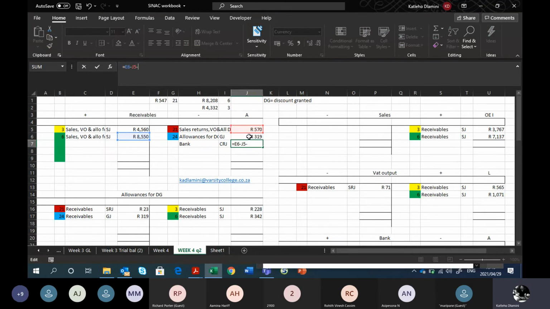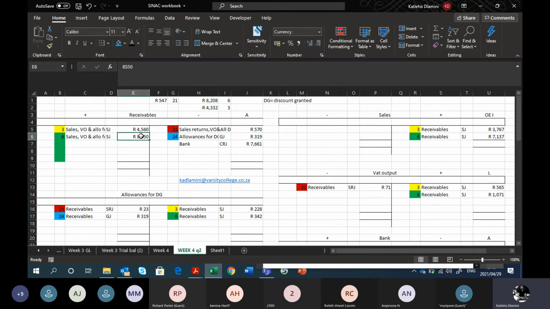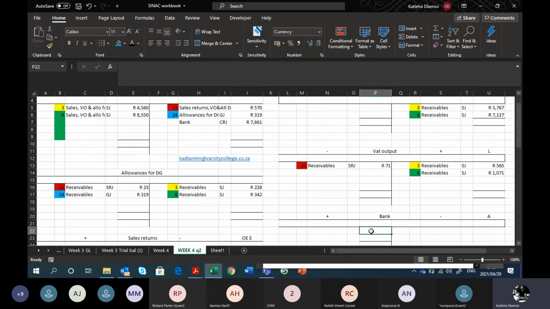And then I also subtract my discount, I get 7661. So that will be the faster way. You can either take all these amounts, or you can just take how much this person owed us, subtract how much they returned, and then subtract the discount, and you get that amount. That amount will then come here. That's the amount you're going to receive in our bank account.